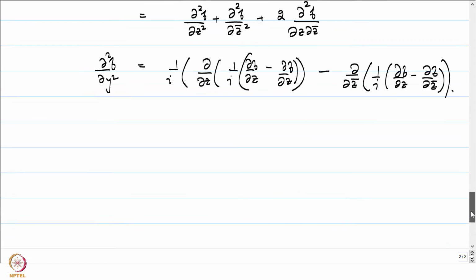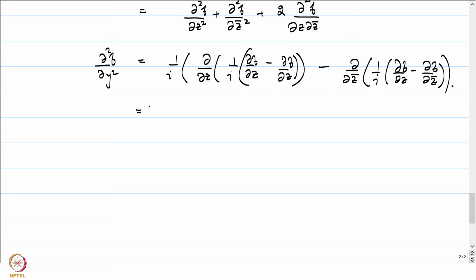Okay, let's see what happens here. The i's will give us a minus 1 times ∂²f/∂z², and there is a minus of ∂²f/∂z∂z bar. I missed a bar here. There will be two of these by Clairaut's theorem, and then there is a ∂²f/∂z bar².